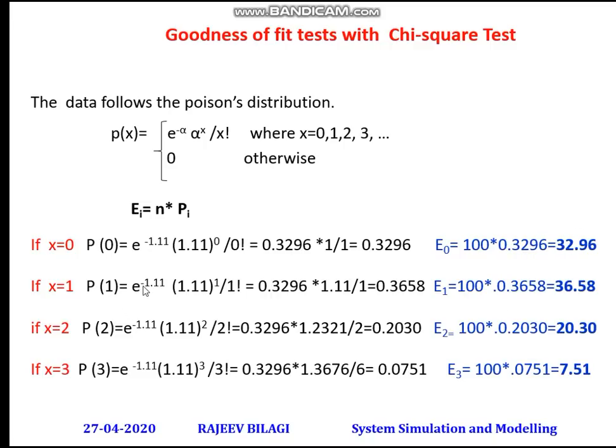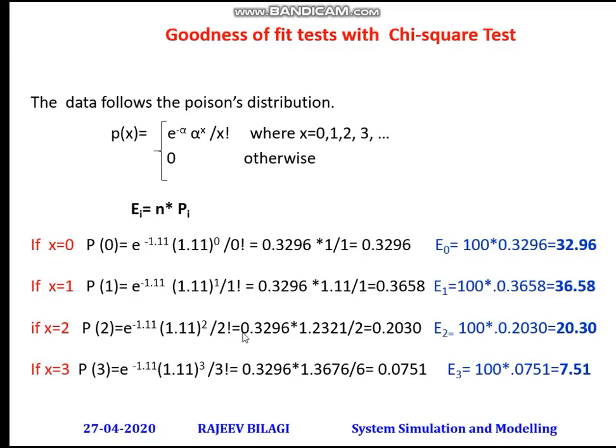P1 is e to the power of minus 1.11 times 1.11 to the power of 1 divided by 1 factorial. That value we get as 0.3658, so 36.58. P2 is e to the power of minus 1.11 into 1.11 squared divided by 2 factorial.